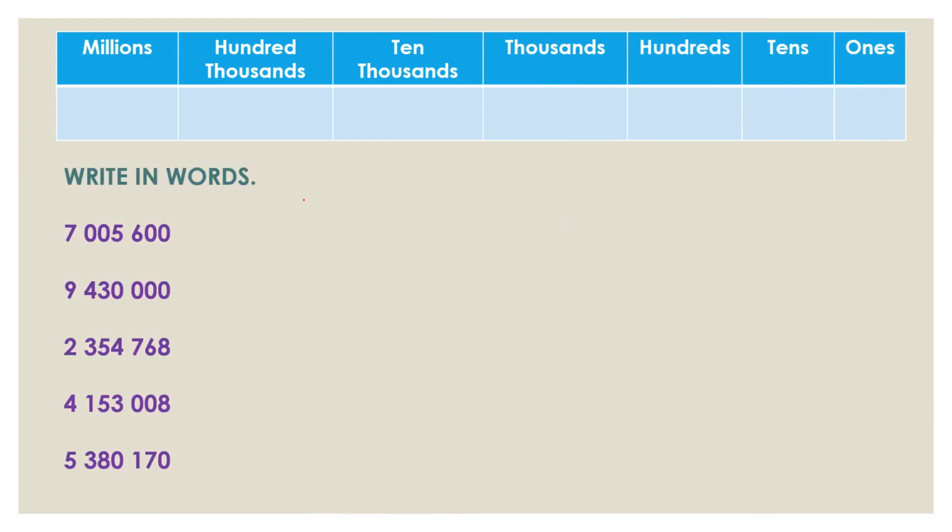How to write in words? 7, 0, 0, 5, 6, 0, 0. So we will read it as 7,005,600.